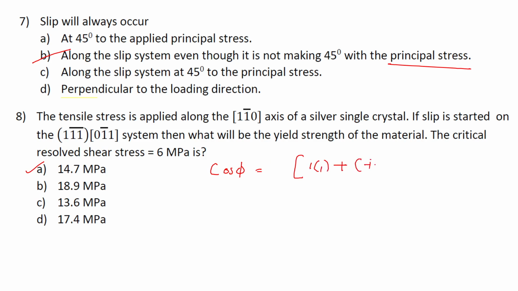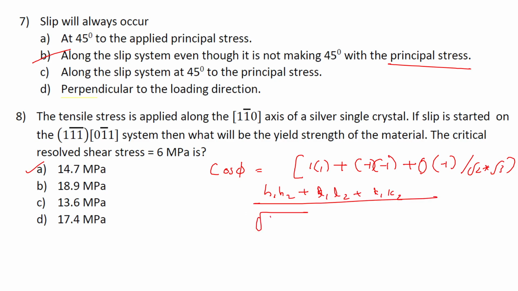For the other students, if they listen to this: it is the same formula, h1 h2 plus k1 k2 plus l1 l2, divided by root of h1 square plus k1 square plus l1 square times root of h2 square plus k2 square plus l2 square.